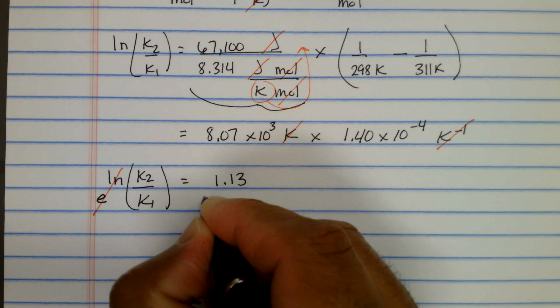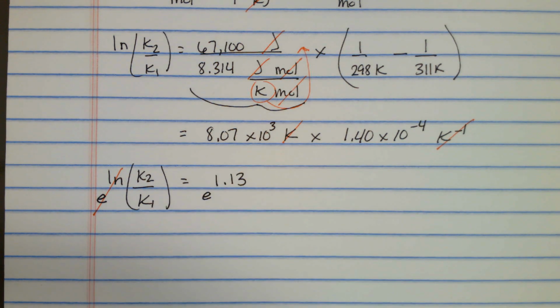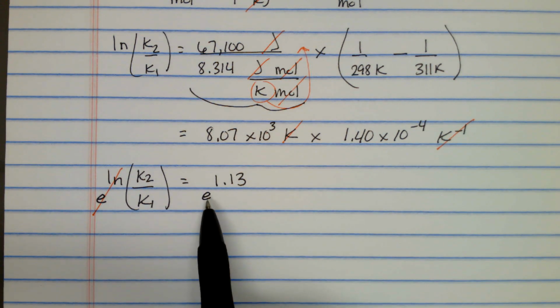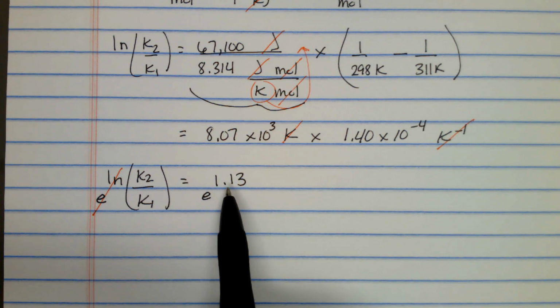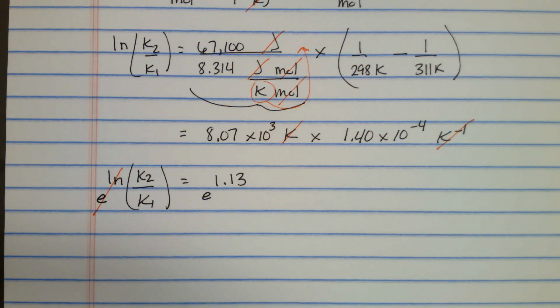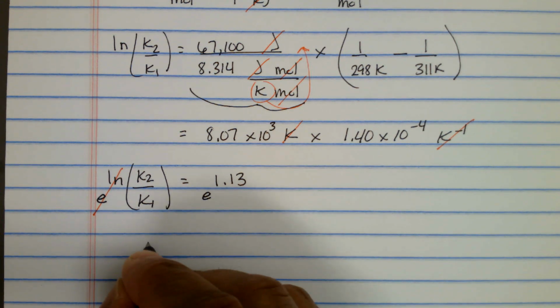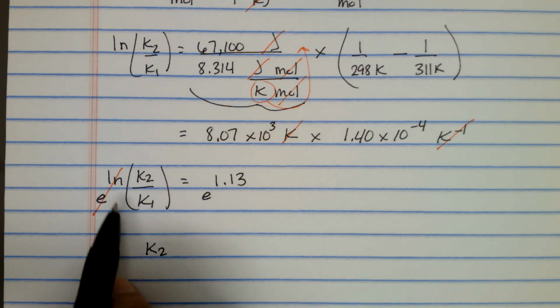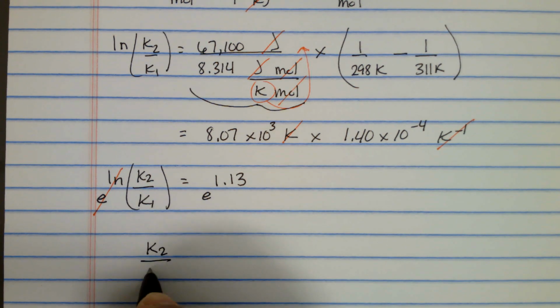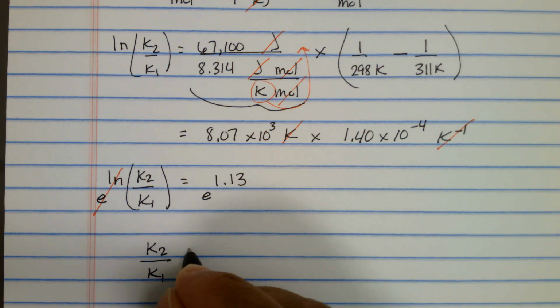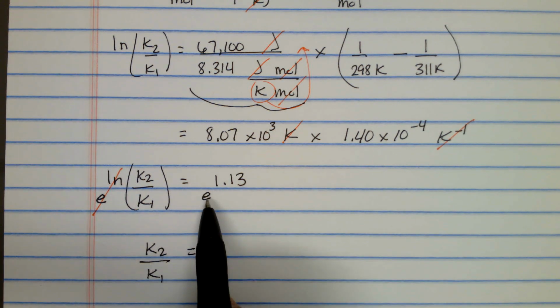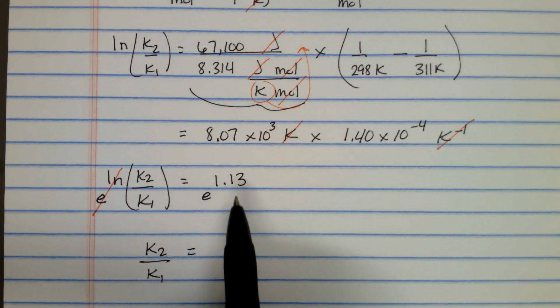But we have to do it to the other side as well. And so this term is going to be e raised to the 1.13. And so notice what happens here. Everything inside the natural log just comes out like you would in algebra here. So this is just k2 over k1. And this is equal to e raised to the 1.13.